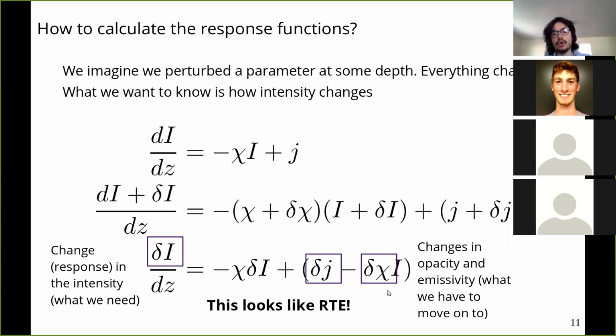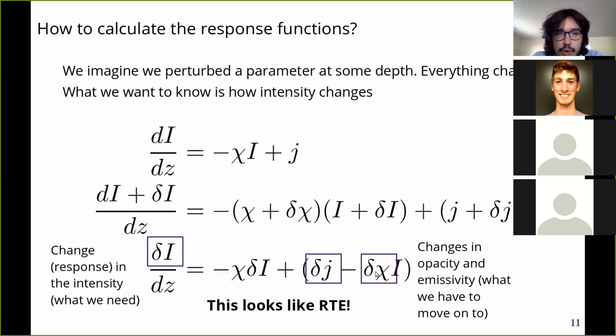So this was just to convince you that the perturbation in my outgoing intensity, which is the solution of this equation here, depends on finding appropriate changes in the opacity and emissivity due to this perturbation.